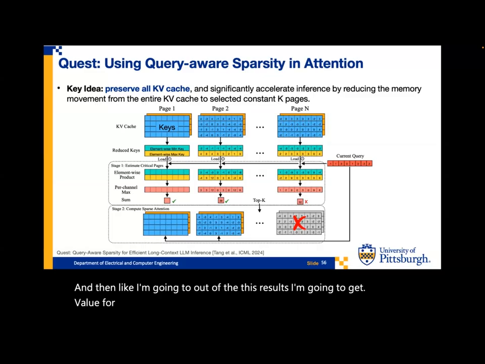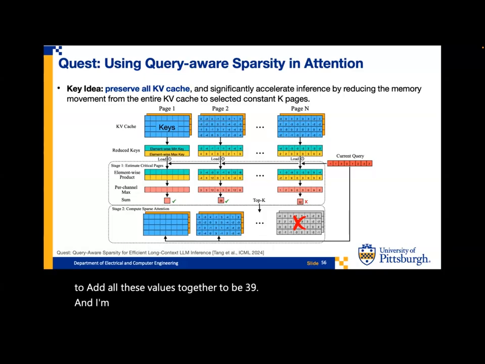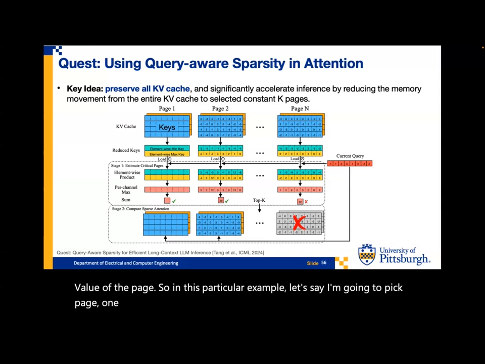And then I'm going to add all these values together to get 39. I'm going to use this 39 as an indication of how important this page is. Does that make sense? And then I'm going to pick the top-K pages. So in this particular example, let's say I pick page 1, page 2, but I'm going to remove this page N. Does that make sense?